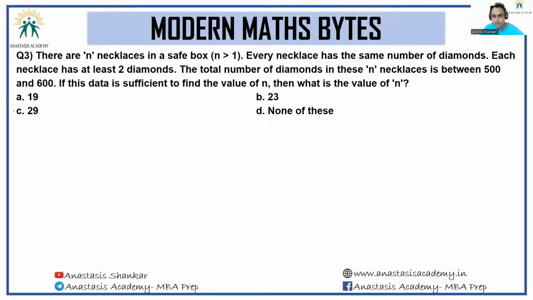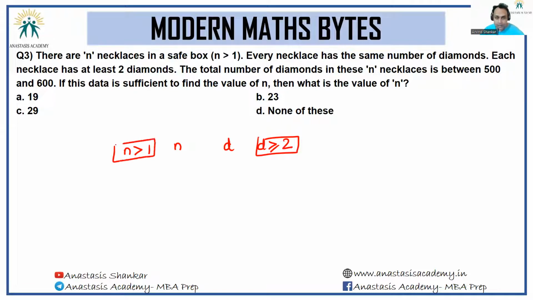Next question, and this is an amazingly wonderful question. There are n necklaces in a safe box where n is greater than 1. Okay. N we have and n is greater than 1. Every necklace has the same number of diamonds. Each necklace has at least 2 diamonds. So let's say diamond per necklace is D and D is greater than equal to 2.